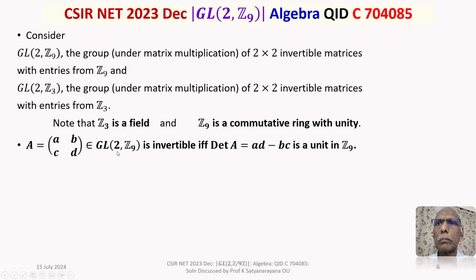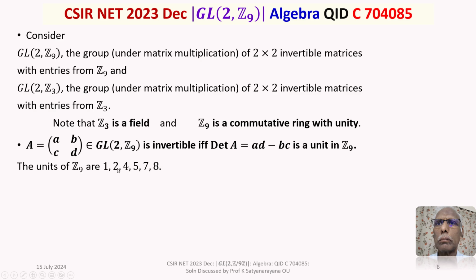When the matrix ABCD is invertible, its determinant AD minus BC is a unit in Z9. That means if the determinant has a multiplicative inverse, that is, a unit in Z9, then the matrix is invertible. What are the units of Z9?